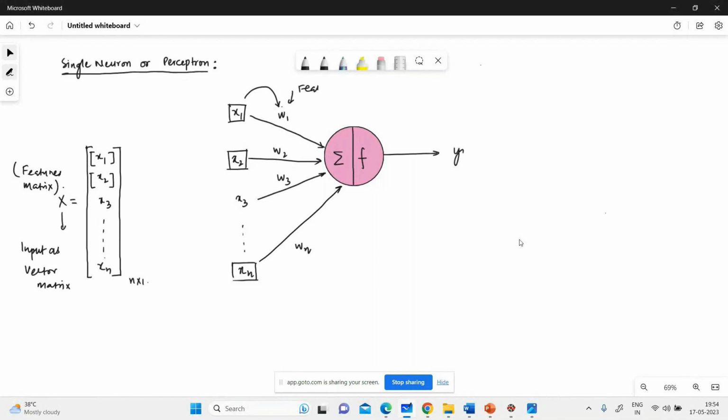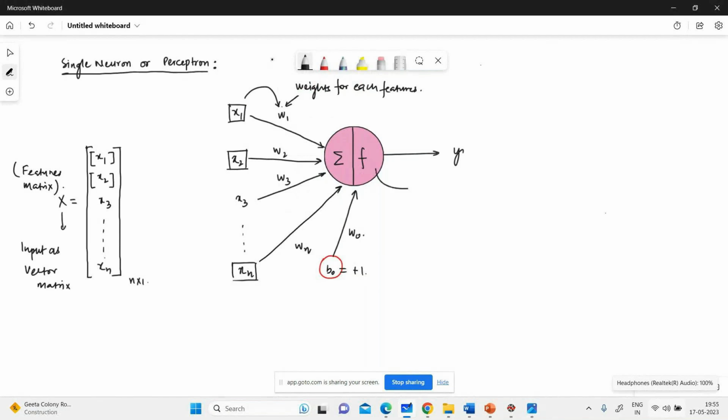These are the weights of each feature. Let's add the biases. There we go, we have the bias value, beta naught. Beta naught will be given by +1, which will again be an input, and it's weighted by W naught.